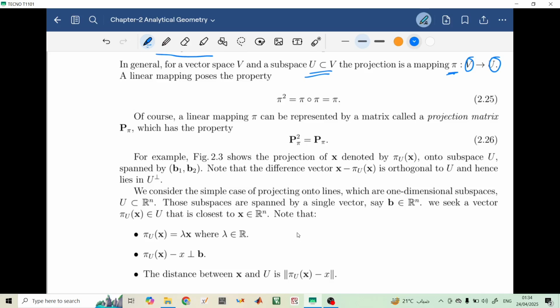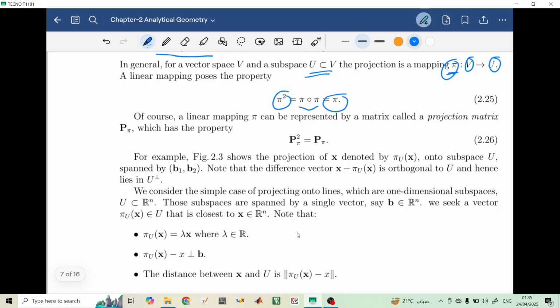We said that this projection operator or mapping is denoted by pi. So pi squared, which is performing pi twice, so you project the same vector twice into the subspace, equals pi.